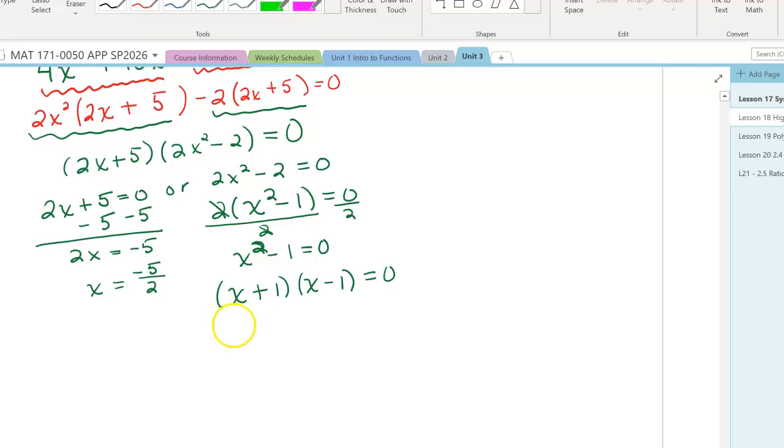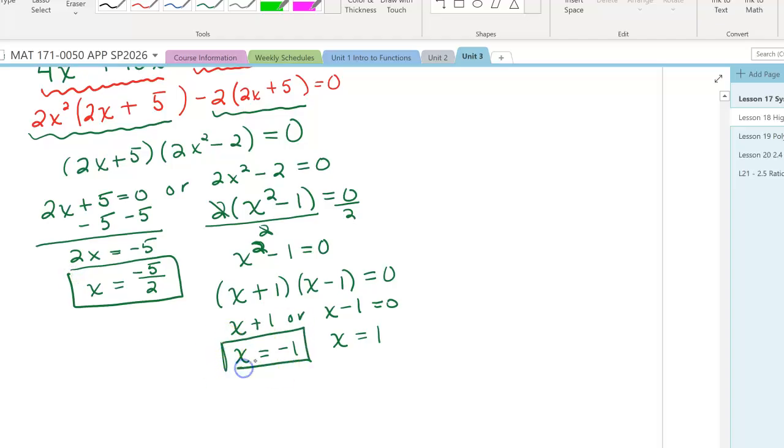Now I can set each one of these equal to 0. So that's going to give me x equals negative 1 or x equals 1. So I have 3 zeros: x equals negative 5/2, x equals negative 1, x equals 1. Remember, these are also x-intercepts, so I can write them as ordered pairs.